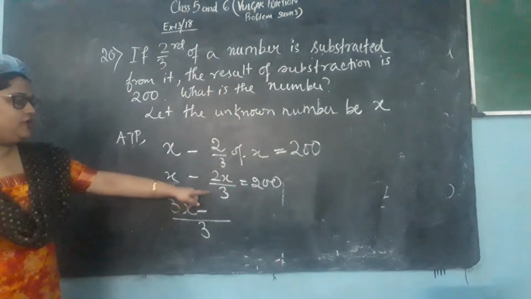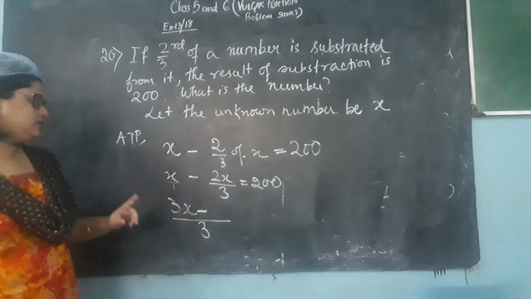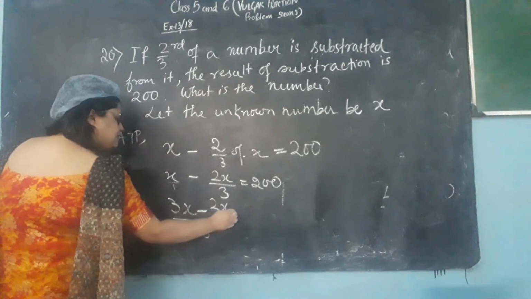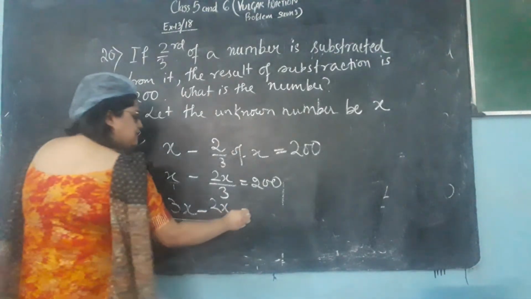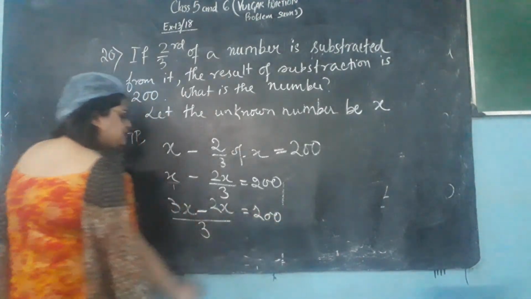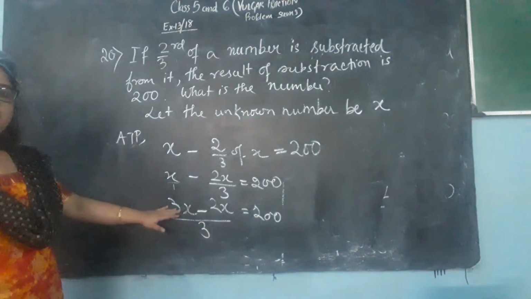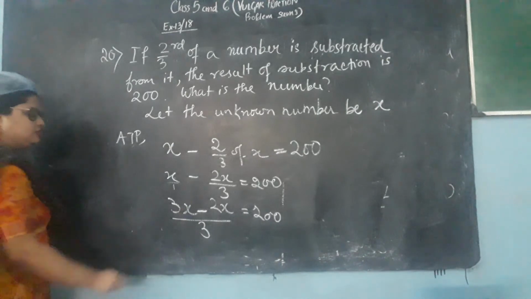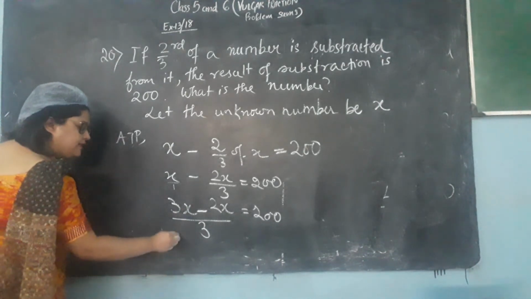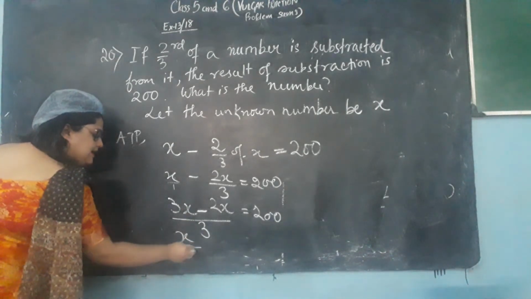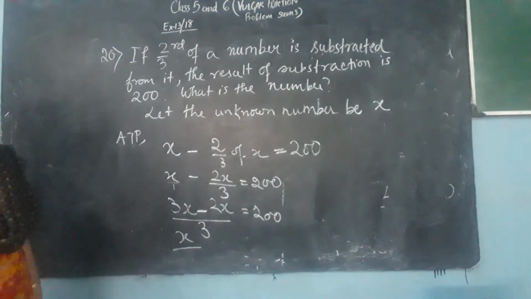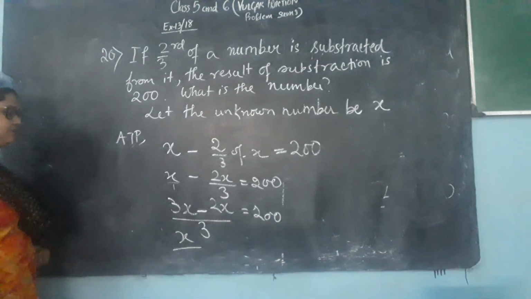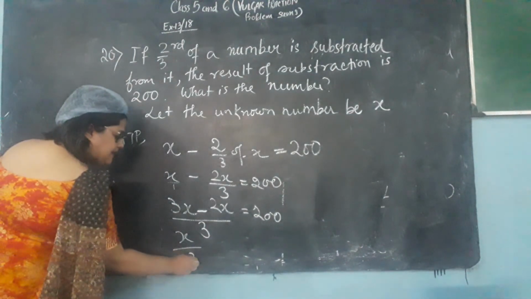Minus 3 into how much is giving you 3? 1. And multiply it with the numerator, that is 2x, equal to 200. Now out of 3x if you subtract 2x, you are left with only single x. So 1x we can write, or we can write only x, because they mean the same thing. There is only 1x value.